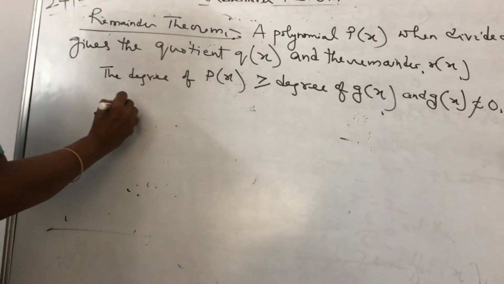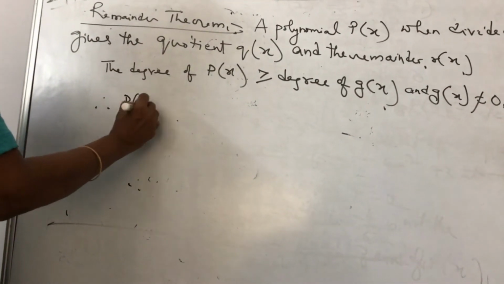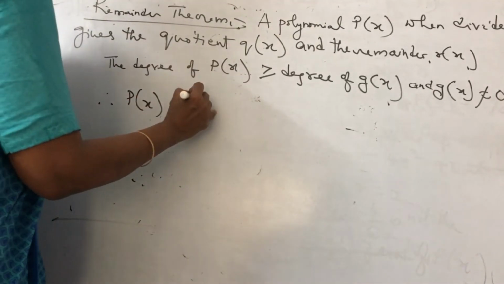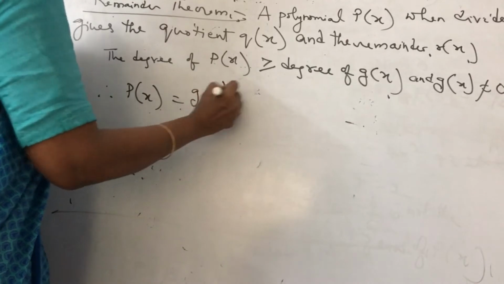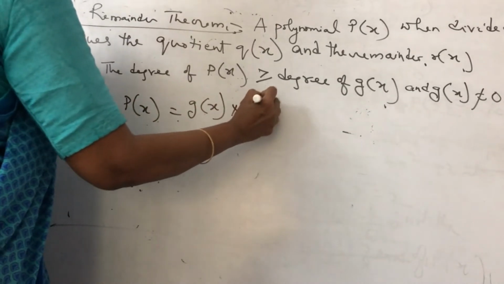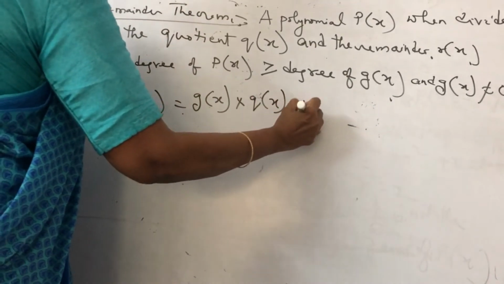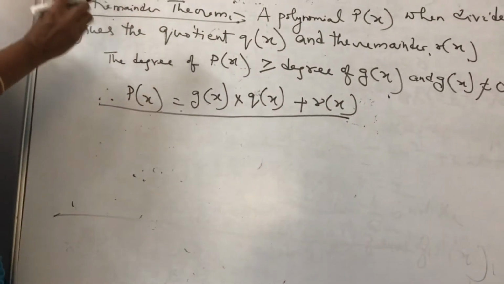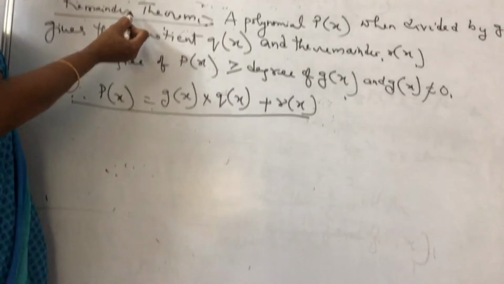Yes? Your dividend is what, children? P of x. Your divisor is what? G of x. Your quotient is what? Q of x. And the remainder is what? R of x. Remainder theorem, children.